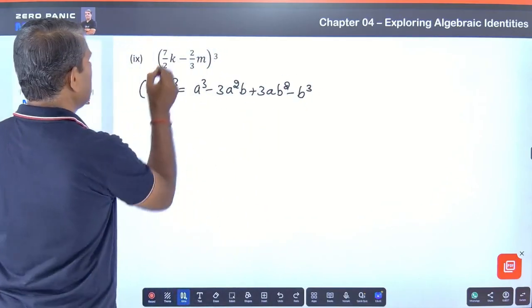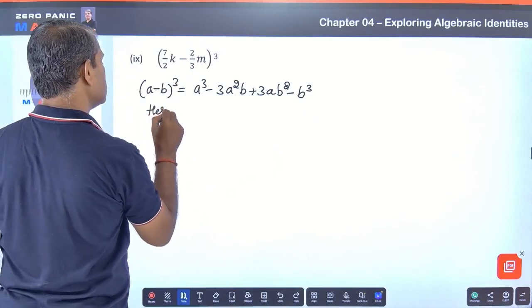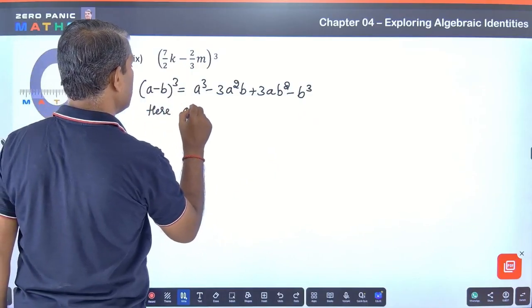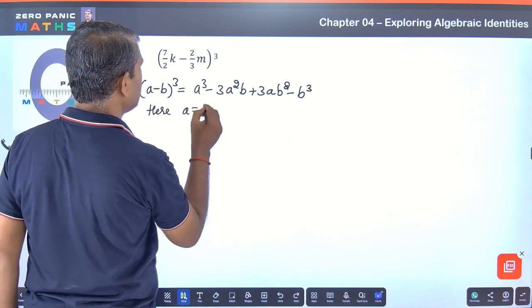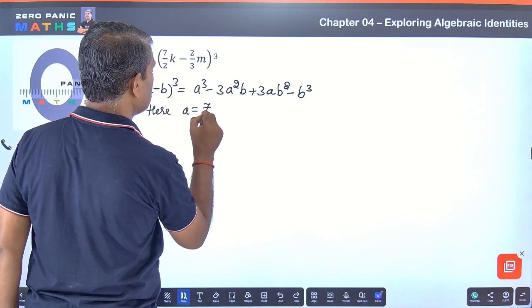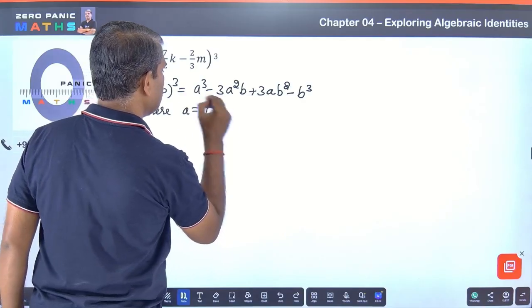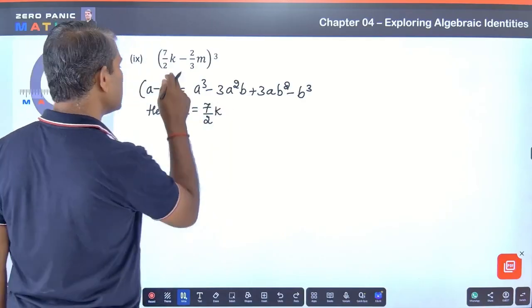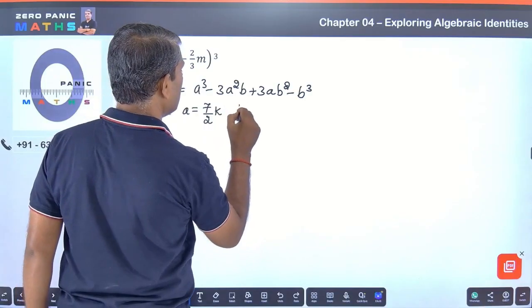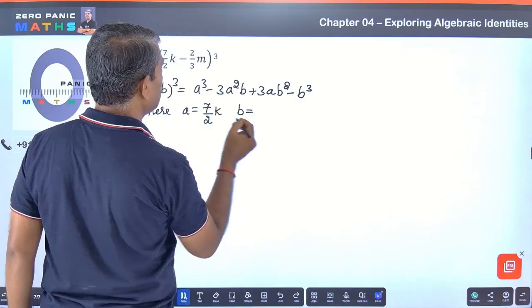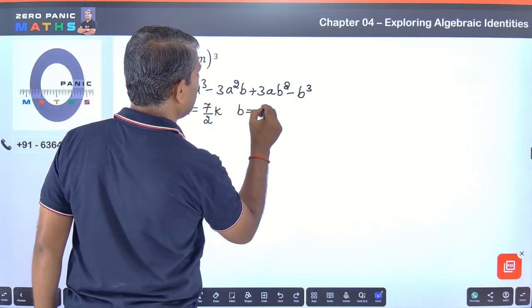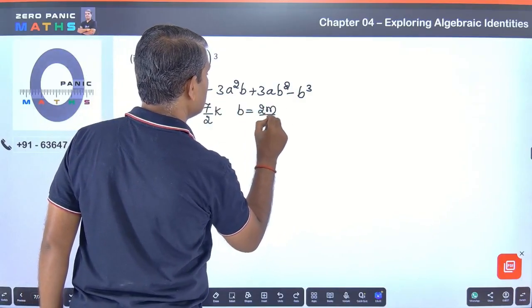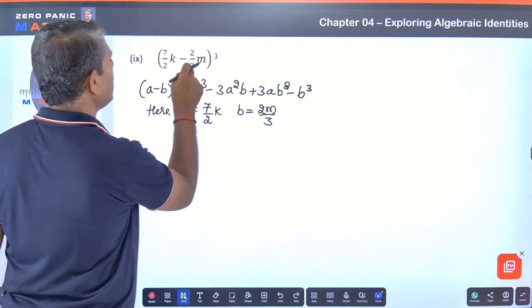Here a is equal to, you have to substitute the values carefully. While doing the cube and squares, it's very important that you substitute the values carefully. It is 7 by 2k, or you can say 7k divided by 2 only, because this k will be multiplied to the numerator only, and b is equal to 2m by 3.